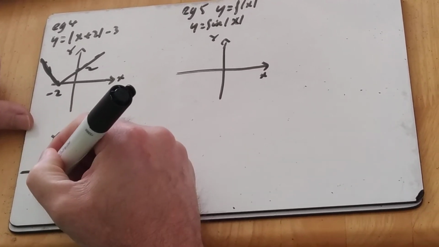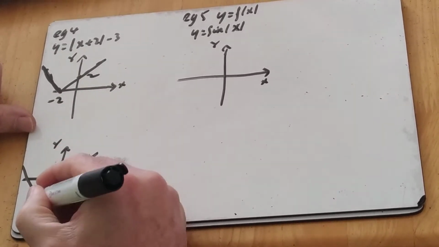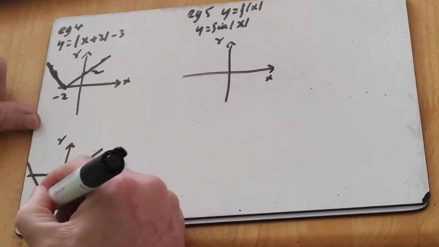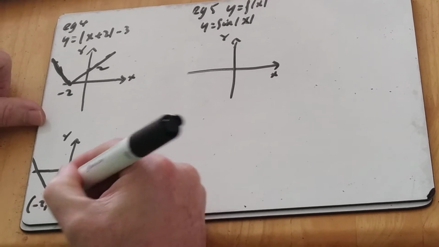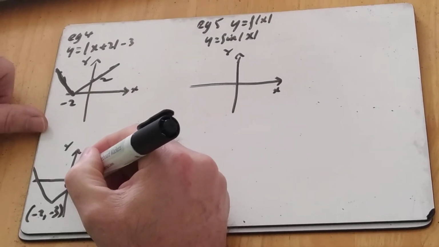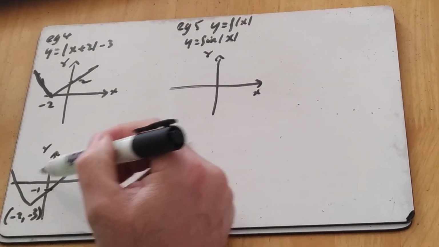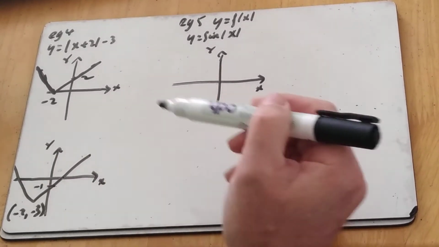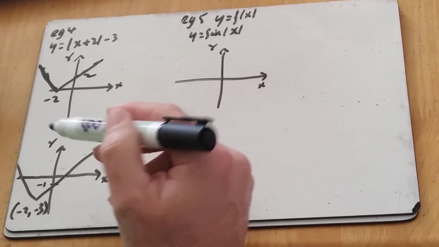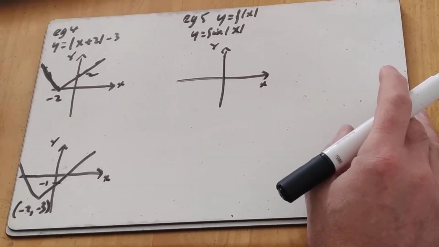It's going to bottom out at minus 2, minus 3, and it's going to cross there at minus 1. If I had a bit more thinking about it, we could then solve where it would cross the x-axis. But at the moment, that will be an extra part of the question.